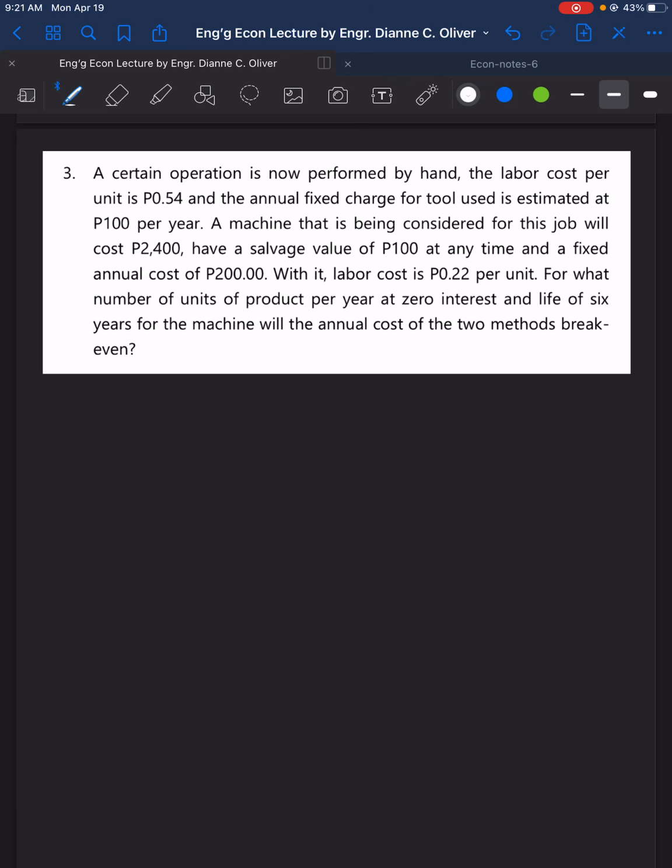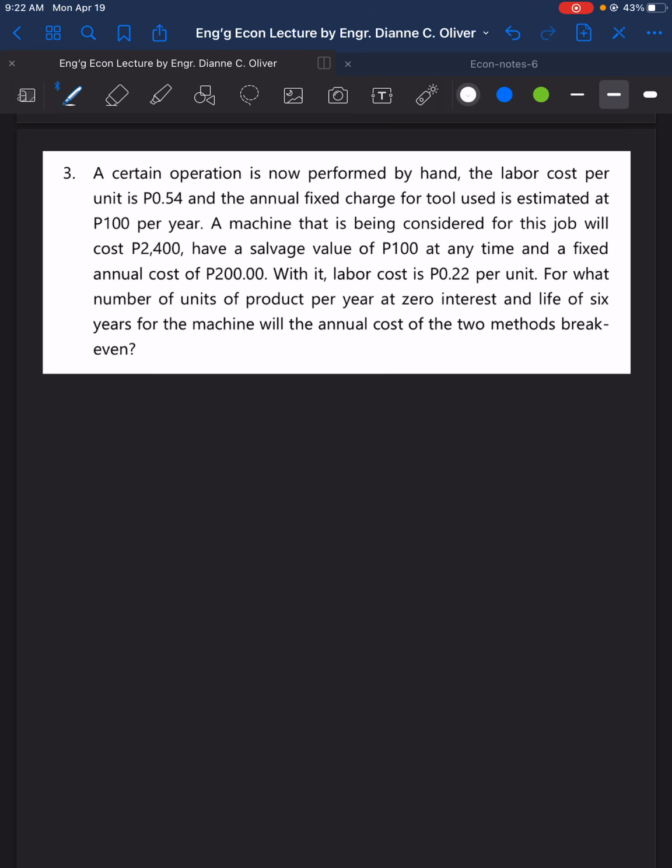A certain operation is now performed by hand. The labor cost per unit is 54 cents, and the annual fixed charge for tool use is estimated at 100 pesos per year.